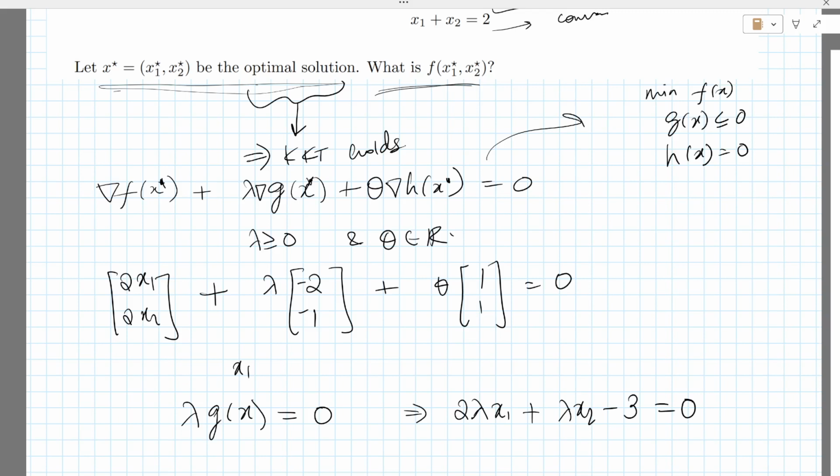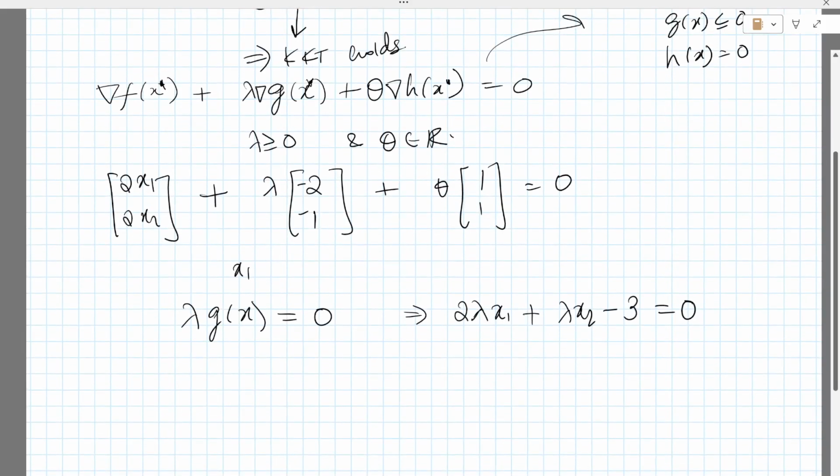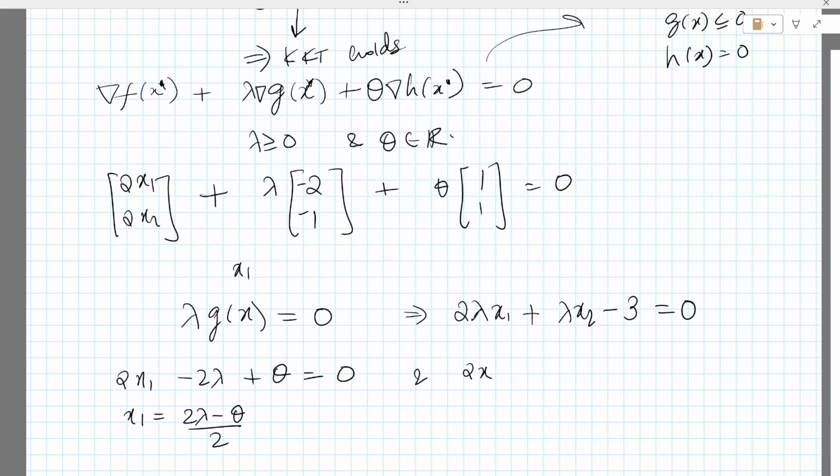So we try to use these two equations. So I have 2x1 minus 2 lambda plus theta is equal to 0. So x1 is equal to (2 lambda minus theta) by 2, and 2x2 minus lambda plus theta is equal to 0. So x2 is equal to (lambda minus theta) by 2. Okay.